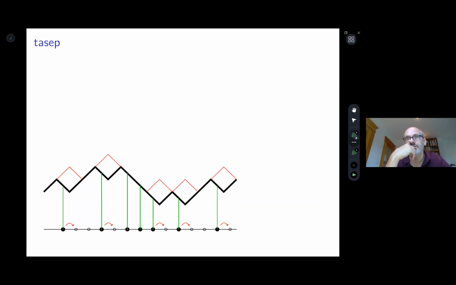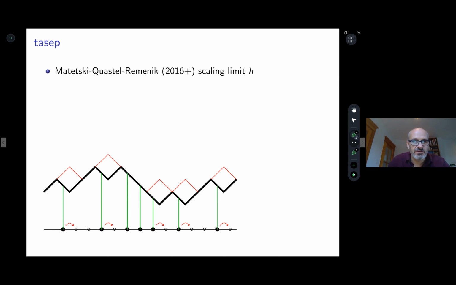The height function is just, think of the particle configuration as a function and integrate it, so just partial sums of how many particles are up to this location. That's the black line. And then when a particle jumps, these little V's in the black line turn into little wedges. So you can think of this as an evolution on this surface, that the V's turn into wedges at rate 1, on a one-dimensional surface.